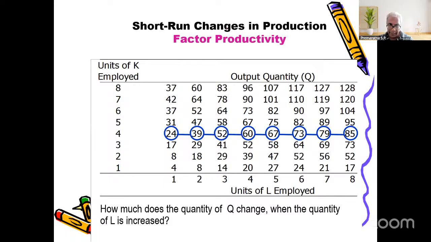And here, in the short run, how do we apply factor productivity? First, to understand the short run, let's say capital is given. When you increase the labor, output increases or decreases, and this happens along the blue line. In this case, the lowest point is 24 and the highest is 85 products. It doesn't mean that the producer is always economically efficient at 85. That is what we try to do using factor productivity in the short run.